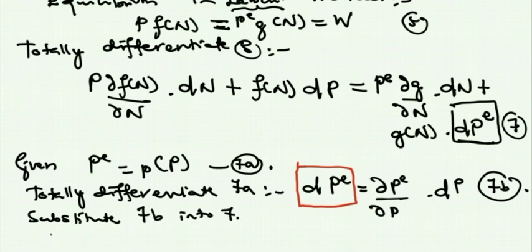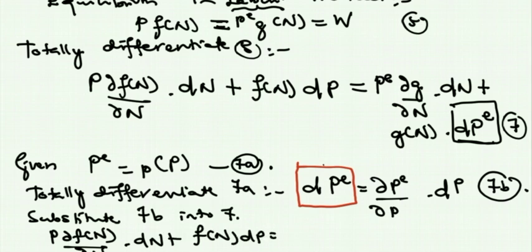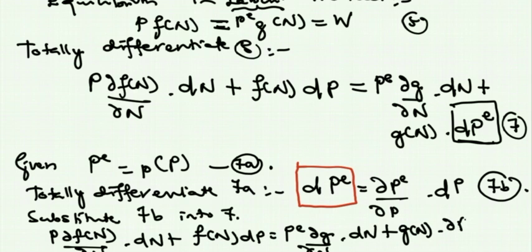I rewrite it again. P delta Fn over delta N times dN plus Fn times dP equals PE delta G over delta N times dN plus Gn, and then we put this here, so we have times delta PE over delta P times dP.